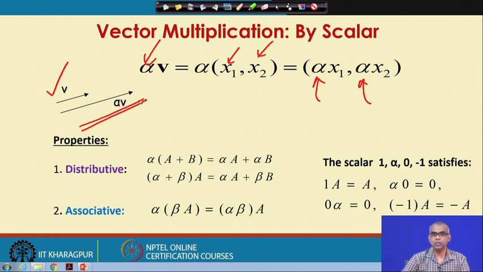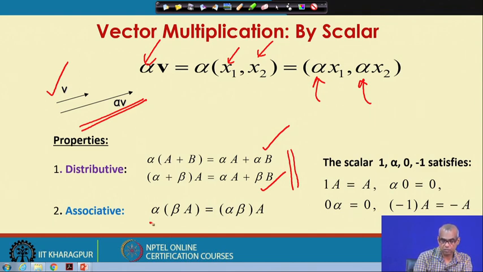So, vector multiplication by scalar follows distributive property. So, alpha into (a plus b) is alpha a plus alpha b, (alpha plus beta) into a equal to alpha a plus beta a, where both alpha and beta are scalars. Vector multiplication by scalar also follows associative rule.